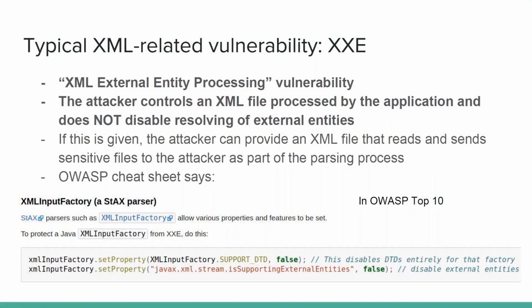Another vulnerability type that's been popular this year and is now even part of the OWASP Top 10 is XXE, XML External Entity Processing. As we already saw in our initial investigation of the code, different XML libraries are used here.